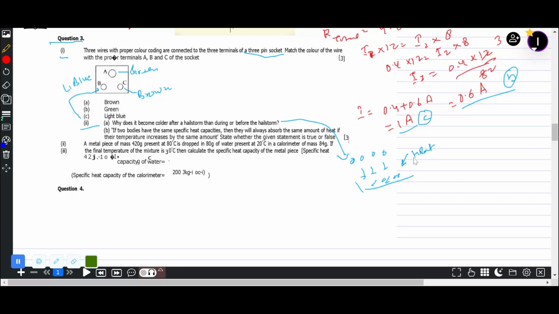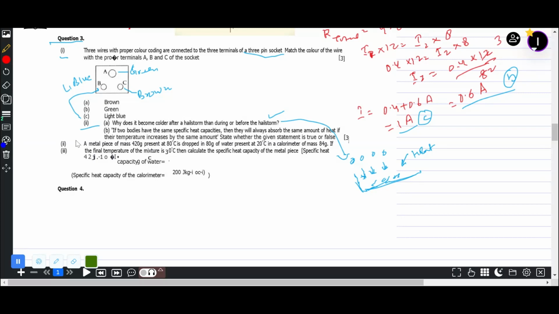Because they absorb heat from the atmosphere, it becomes colder after the hailstorm, right? So during the hailstorm, the status quo is retained, but as the ice balls melt, they absorb heat from the atmosphere. That's why it's colder after the hailstorm. So you can write it in your own words.